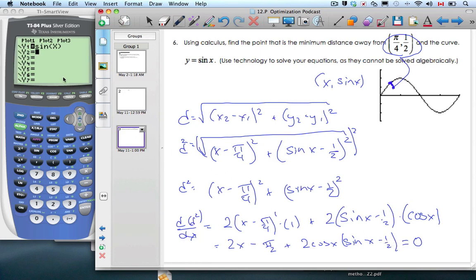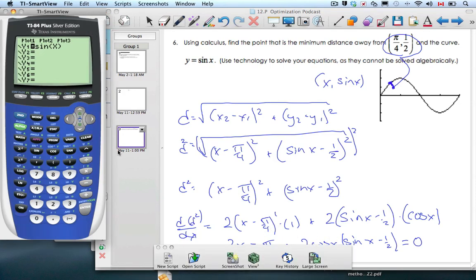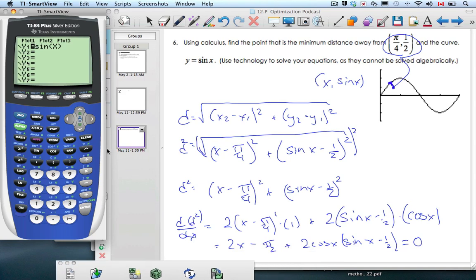If I want to find a minimum, I'm going to set this equal to 0. Now I'm going to use my technology to do this, because solving that by hand is a nightmare. So let's go to our calculator, and I'm going to type in 2x plus 2 cosine x times (sine x minus 0.5).